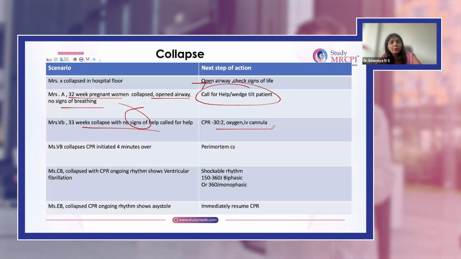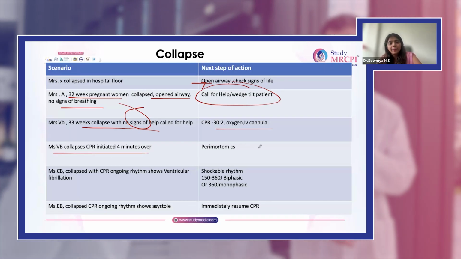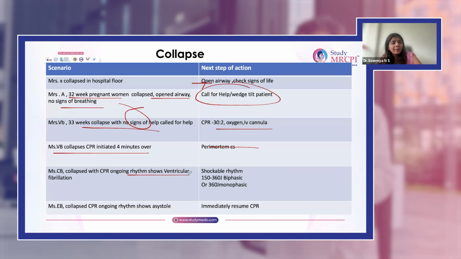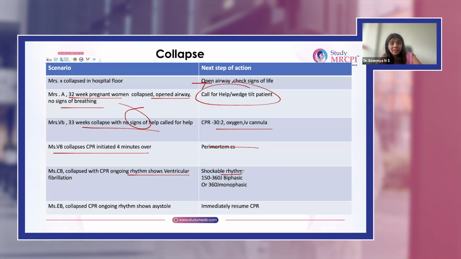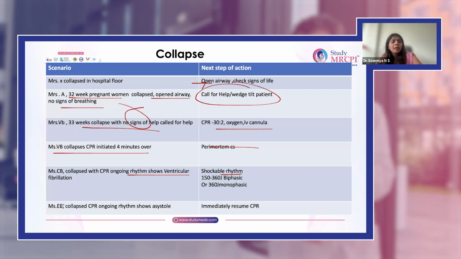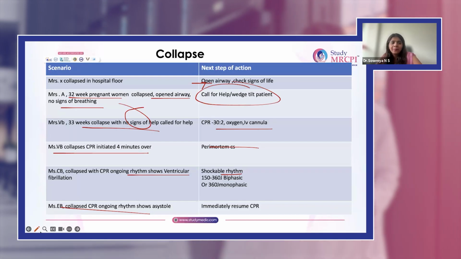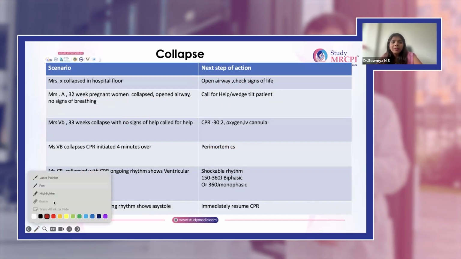Obviously, CPR, you would start off in the ratio of 30:2. 4 minutes over, perimortem CS. Rhythm ventricular fibrillation, shockable rhythm. Because this is shockable, you go ahead and give the biphasic or the monophasic one. Ongoing rhythm asystole, please continue the CPR. Okay, so this is important.